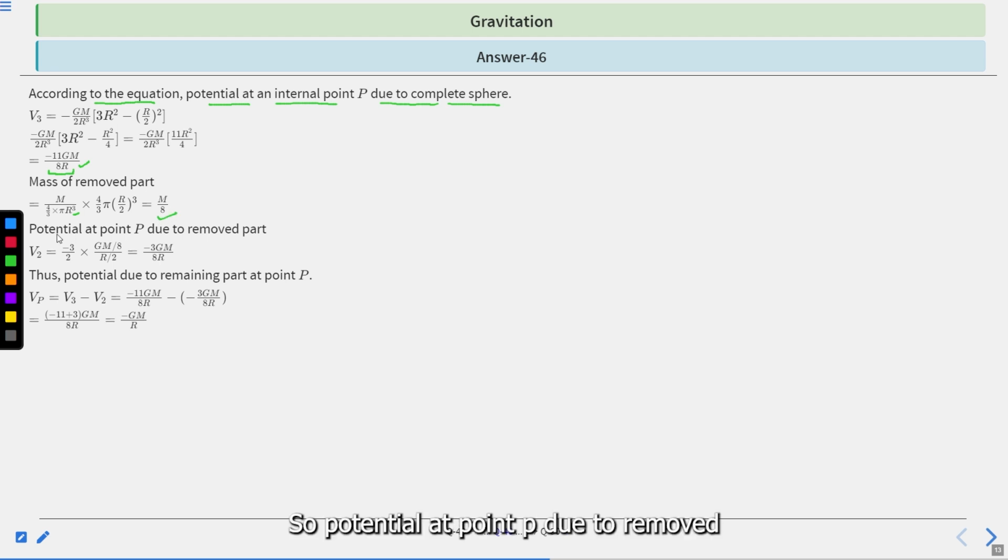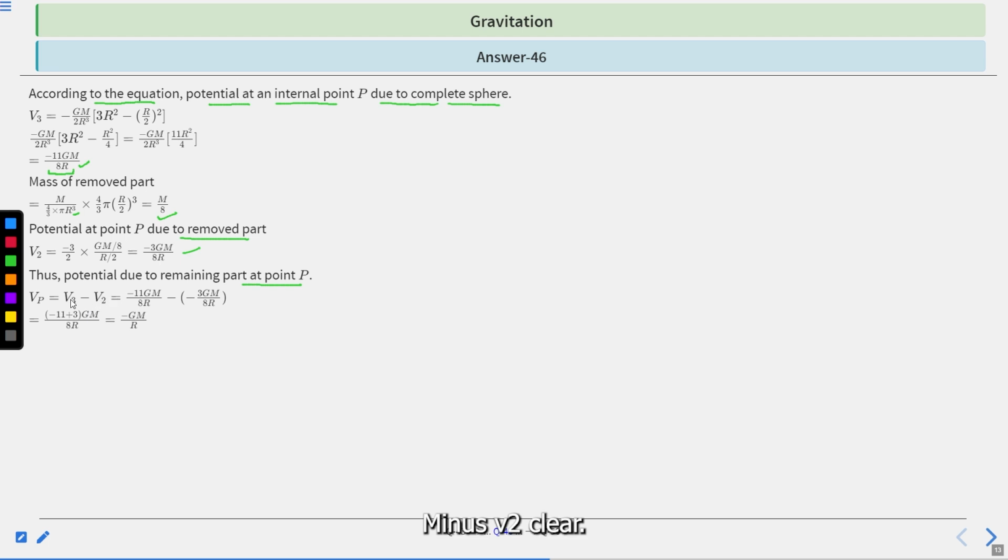So the potential at point P due to the removed part, V2, is equal to minus 3/2 multiplied by GM/8 divided by r/2, which is equal to minus GM divided by 8r.